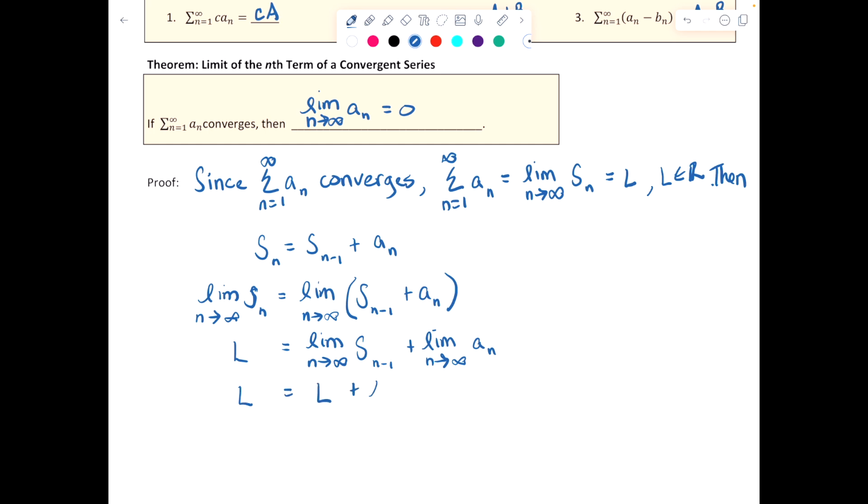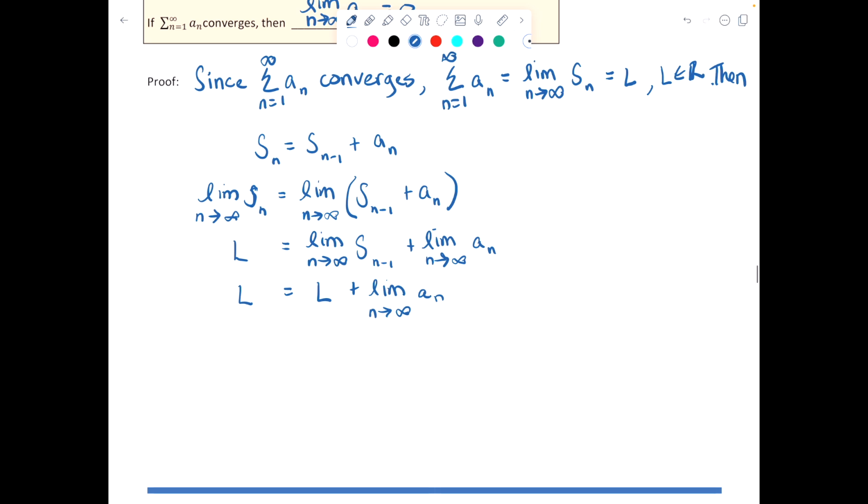And then we'd still have the limit as n approaches infinity of a sub n. But then when you subtract L from both sides, we get 0 is equal to the limit as n approaches infinity of a sub n, which we wanted to show. Groovy? Okay.